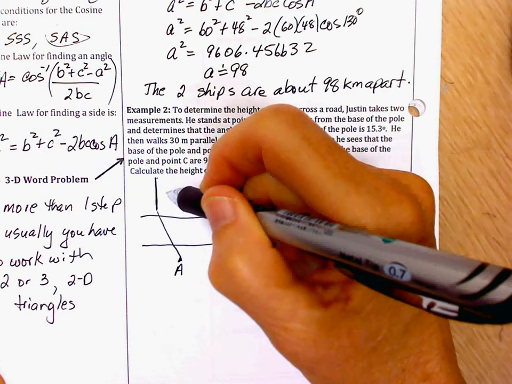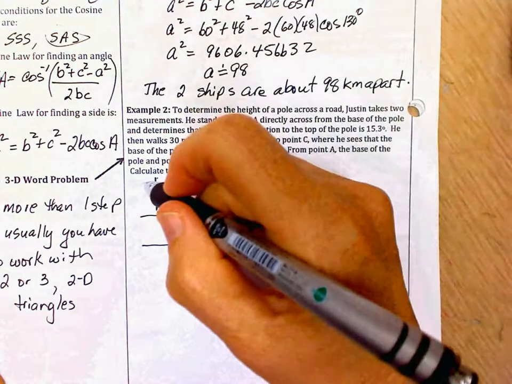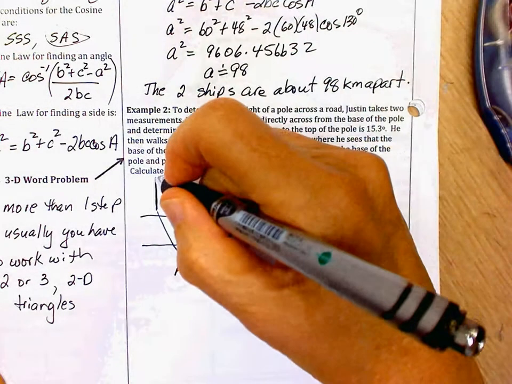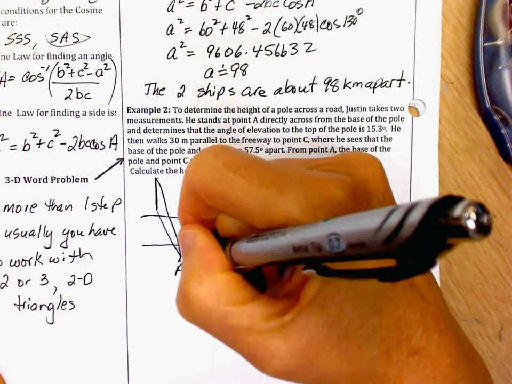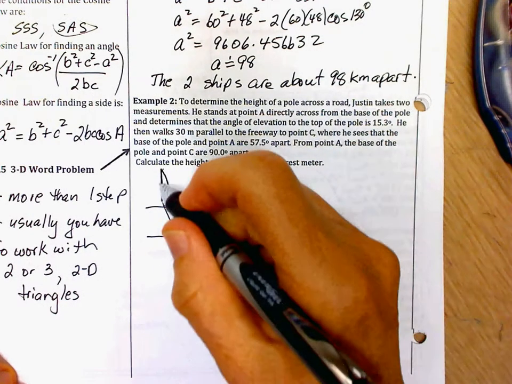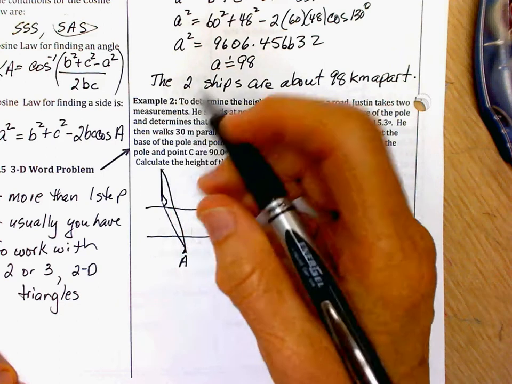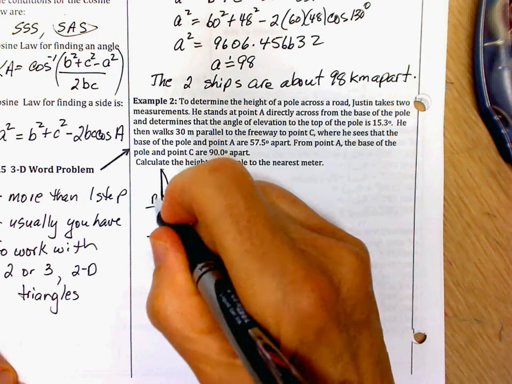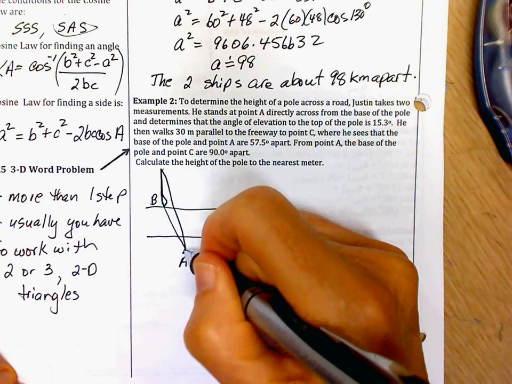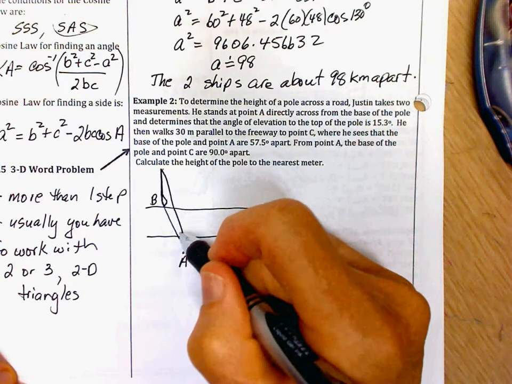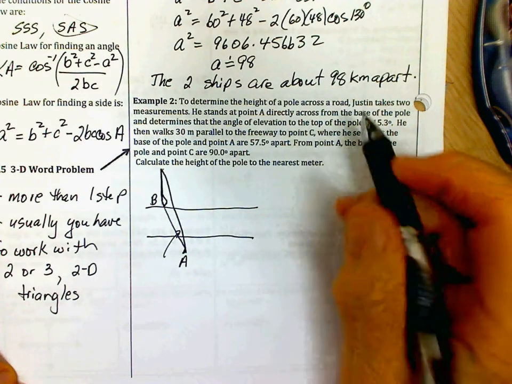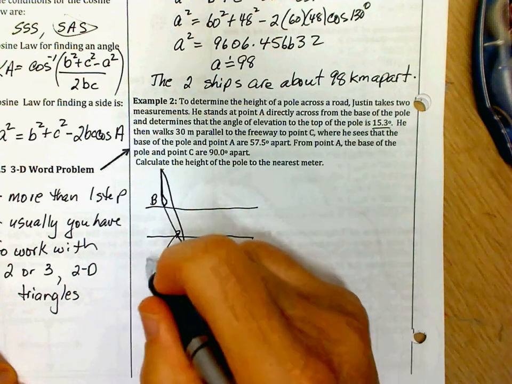We'll just do that as best as we can. I'm wondering if I should have drawn this pole just a little bit further. Well, we'll just work with it. Things will never be perfect here, so here, that's at right angles, if you can imagine. So here's our pole, and I'll call the base of the pole B, and he's at point A, and that angle of elevation is, they told us it's 15.3 degrees.